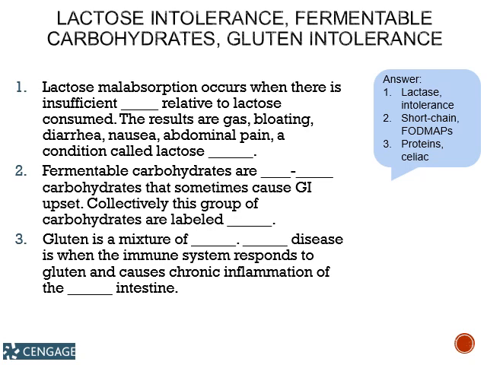Collectively, this group of carbohydrates are labeled FODMAPs. Gluten is a mixture of proteins, and celiac disease is when the immune system responds to gluten and causes chronic inflammation of the small intestine.